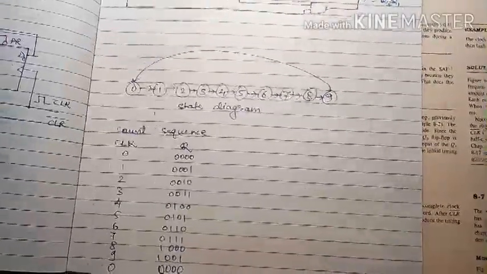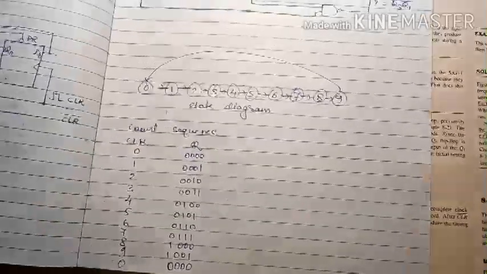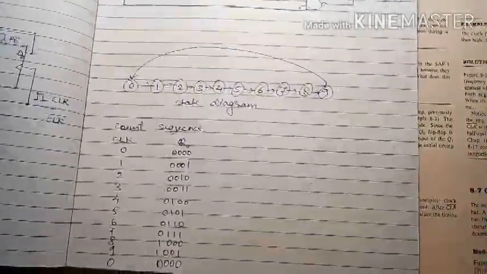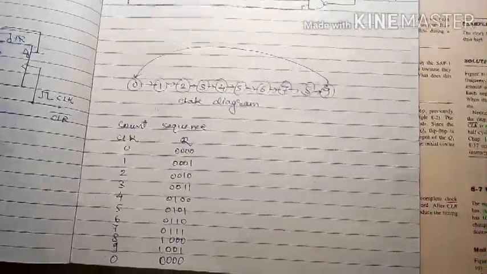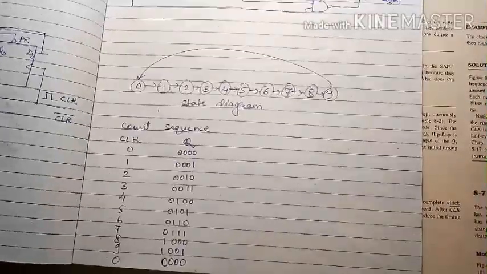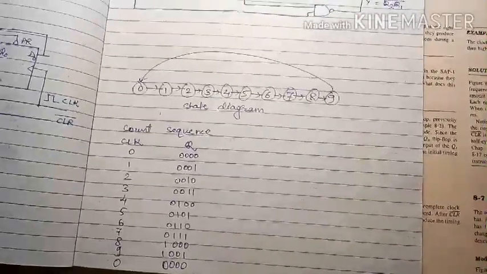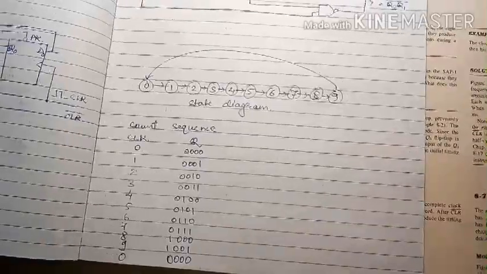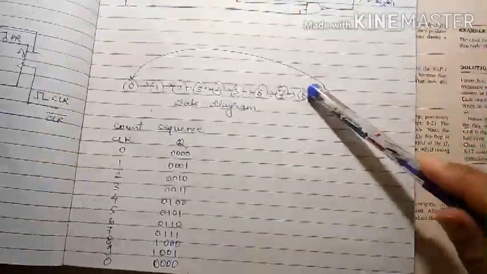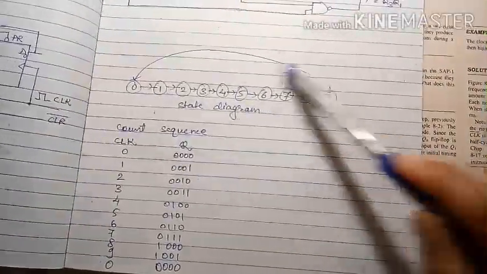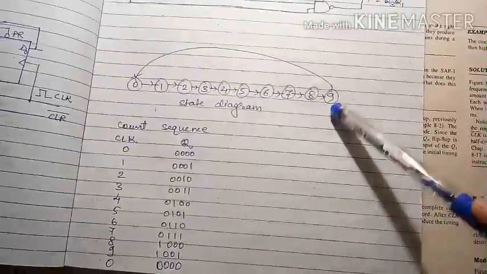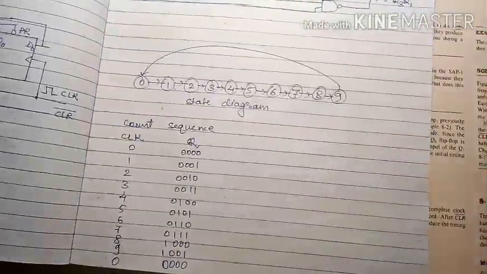Even though it has 4 JK flip-flops, it is still skipping the states from 10 to 15. The counting sequence we have seen already, and you can see in the state diagram also how the counting is occurring: 0 to 9 and then 9 to 0 again.